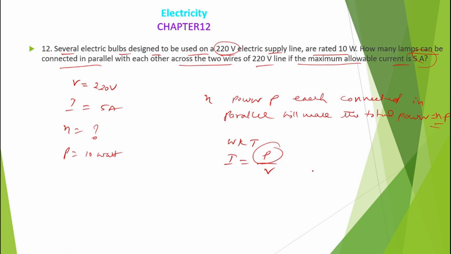Number of bulbs. So that is equal to N into P by V. We want to calculate N, separate it out. So N is equal to I into V divided by P.